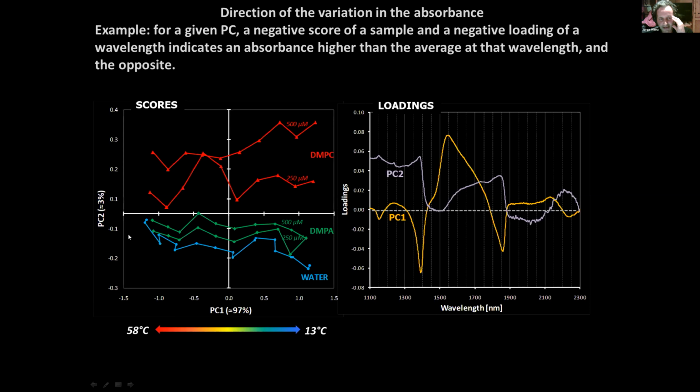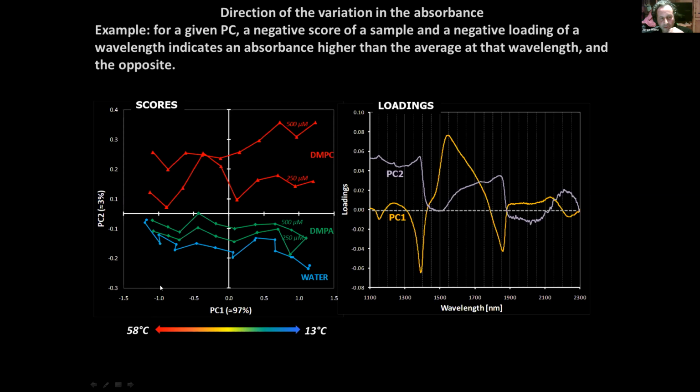And analyze the following. For example, if we take these samples on the left of the score plot, these are samples at the highest temperature, and they have negative scores on PC1.